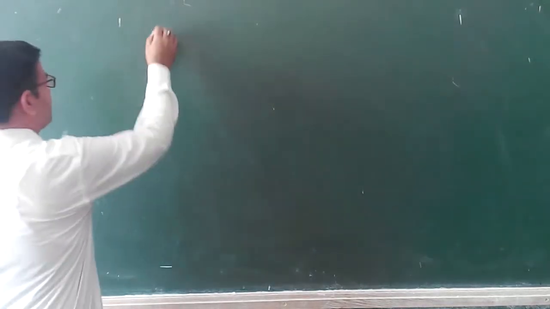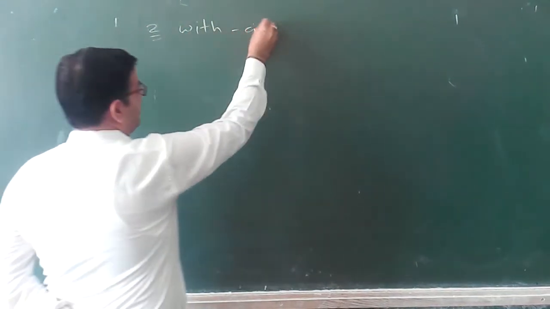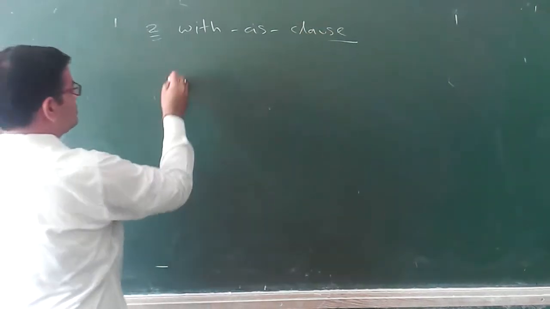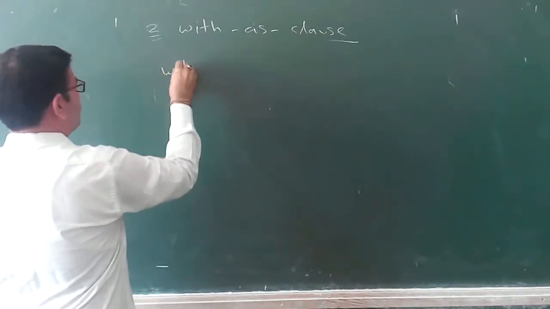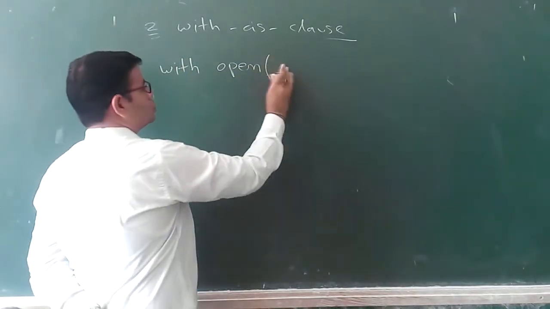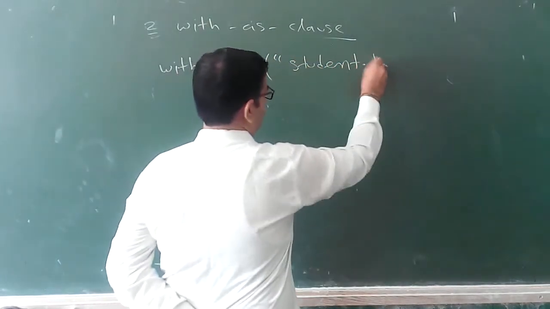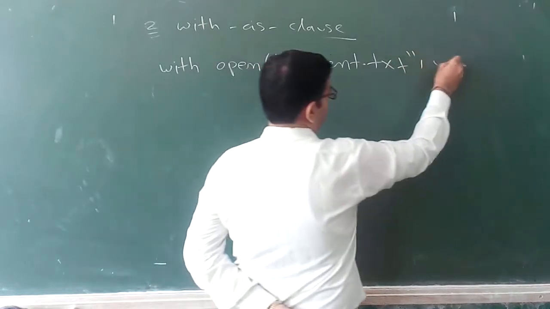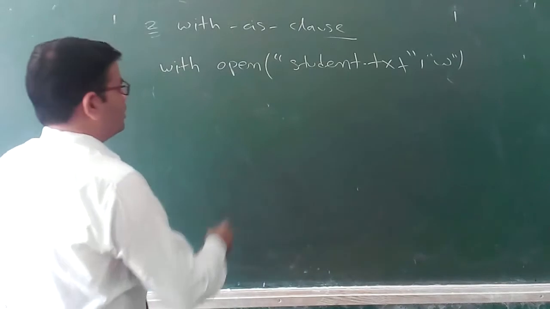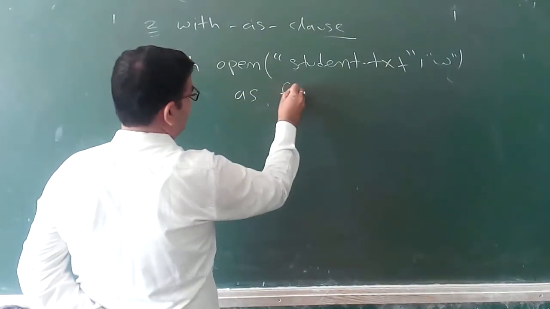For example, the second method is with as clause. According to this method: with open student.txt and next w mode, after that as file object.